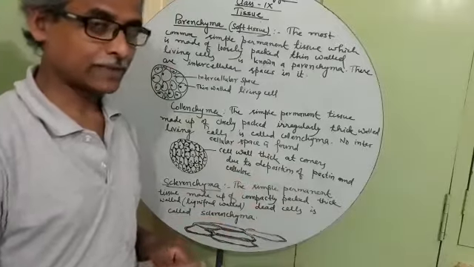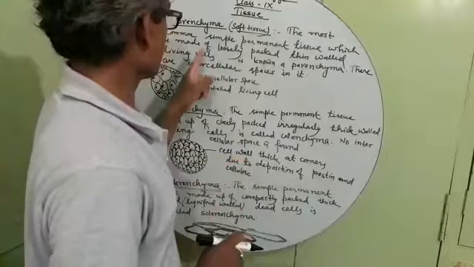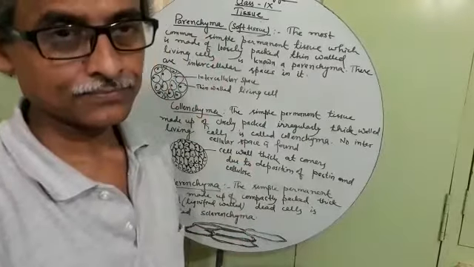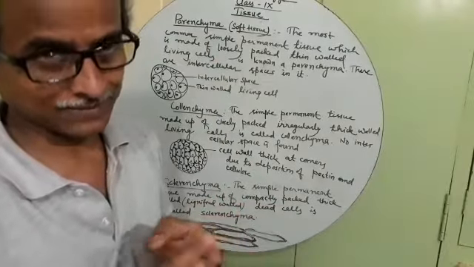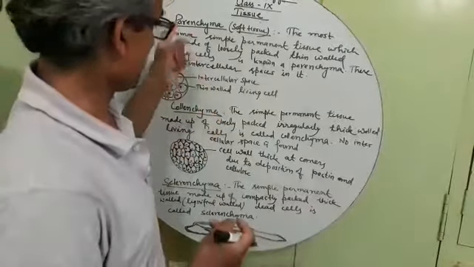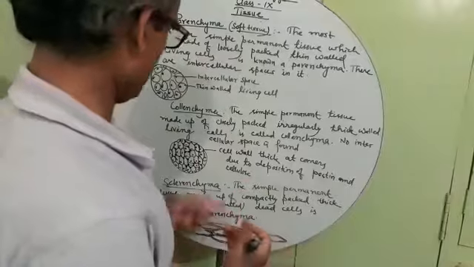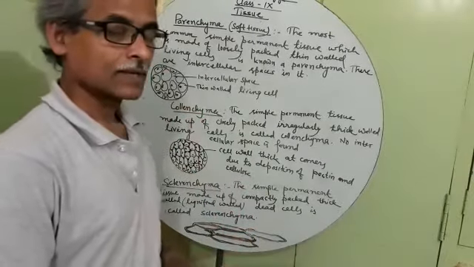So you shall compare parenchyma, collenchyma and sclerenchyma. That is, you have to write what are the differences between parenchyma and collenchyma, parenchyma and sclerenchyma. What is the difference between collenchyma and sclerenchyma?